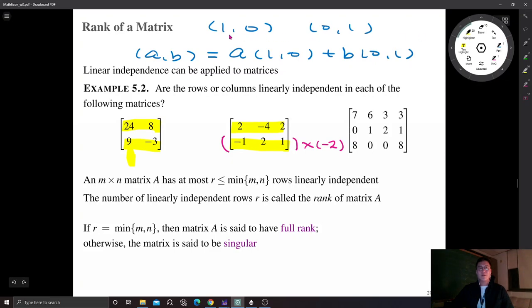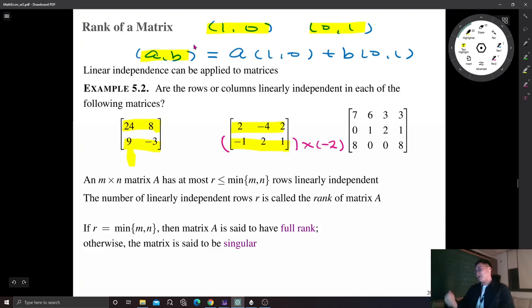So with these two unit vectors, we can express every vector defined in two-dimensional space as a linear combination of these two. So there are at most two linearly independent vectors in two-dimensional space.